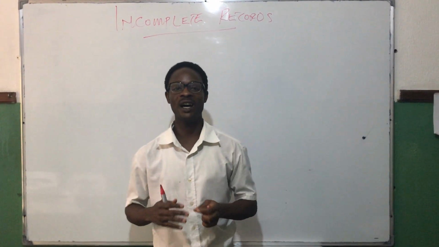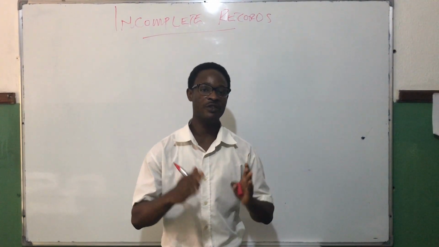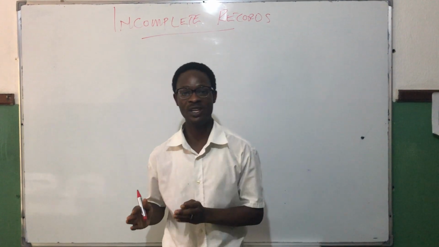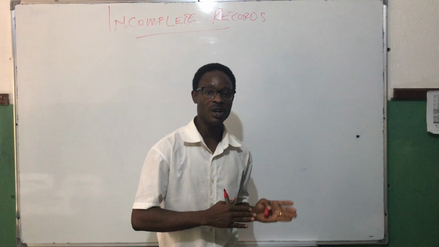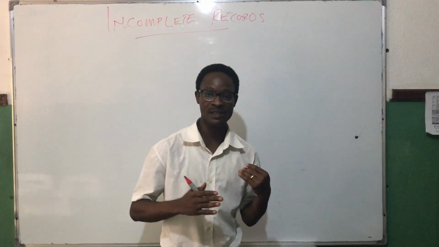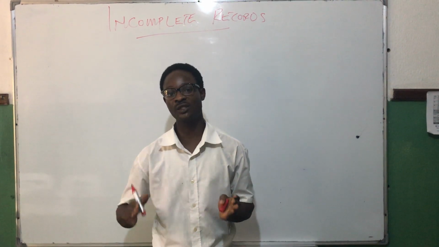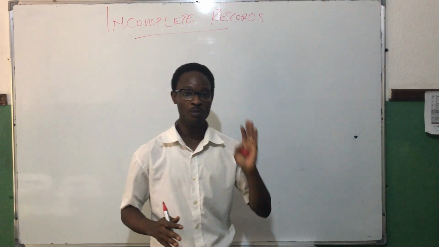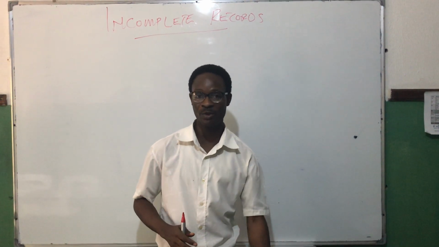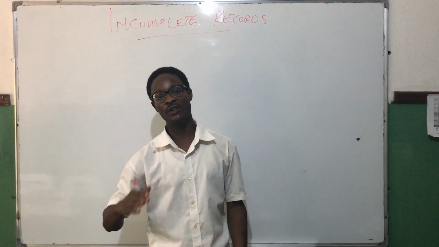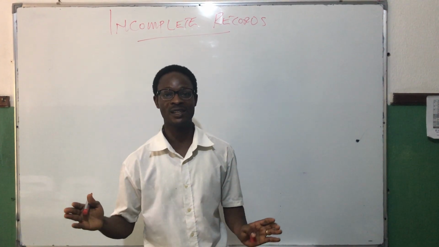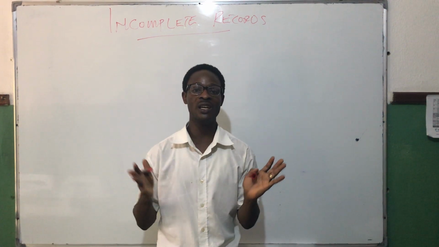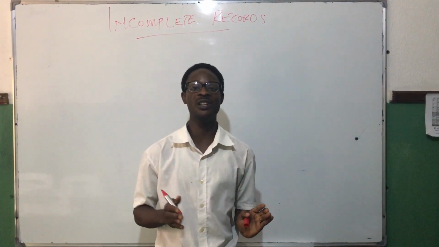When that happens, you only have information for assets and liabilities for two periods, let's say January 1, 2019 to December 31st, 2019. You have opening assets and liabilities at January 1, 2019, and you have closing information for December 31st, 2019, and that information only covers assets and liabilities.